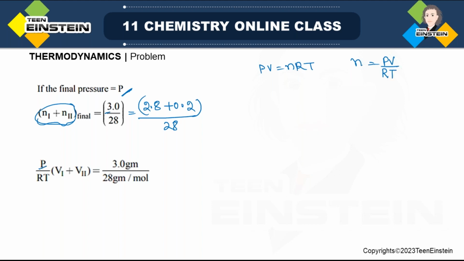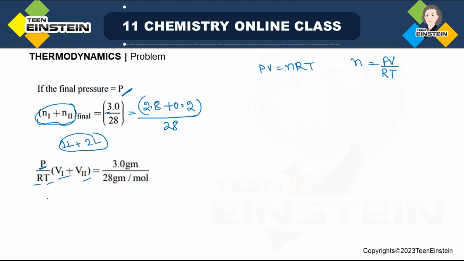Right. So P we do not know, that we have to find. Volume is the total volume. Remember, total volume. One volume is given, flask 1 liter. Another flask is 2 liter. So this is the total volume, though we have to change the unit. But total volume is V1 plus V2.